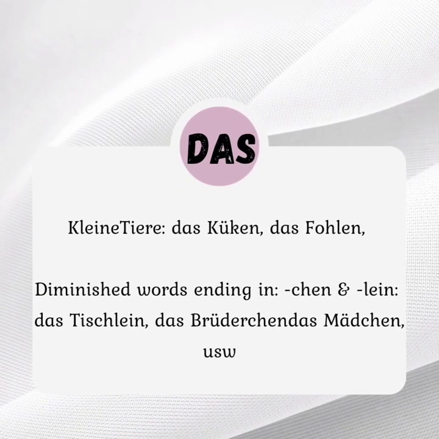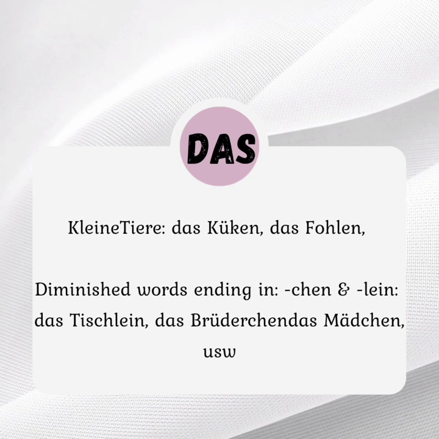The first words under the neuter gender are young ones of animals. Kleine Tiere, little animals. For example, das Küken, chick, das Fohlen, and so on. We also have diminutive words. Diminutive words means that you add an indicator to a word to show that it is a smaller version of that word. For example, brother, I can add little to brother, then I have little brother.